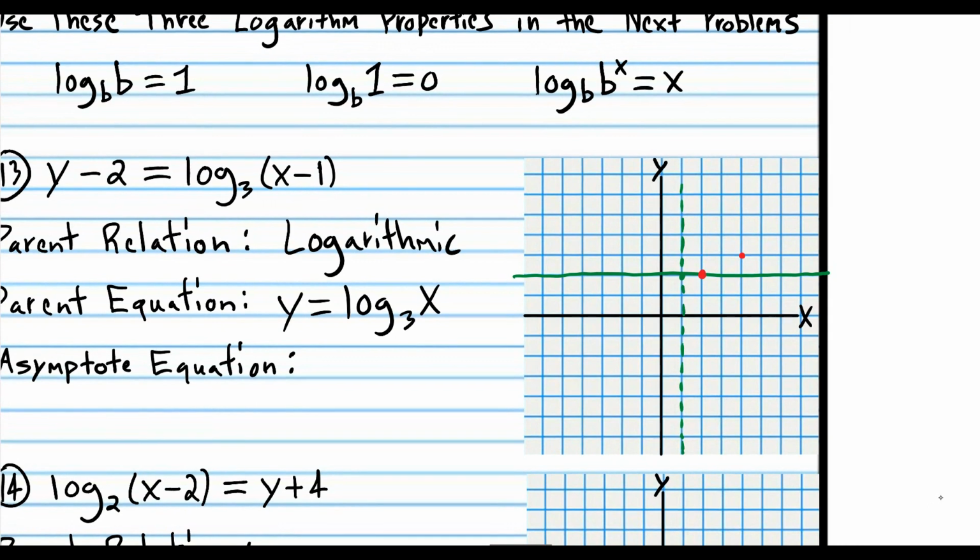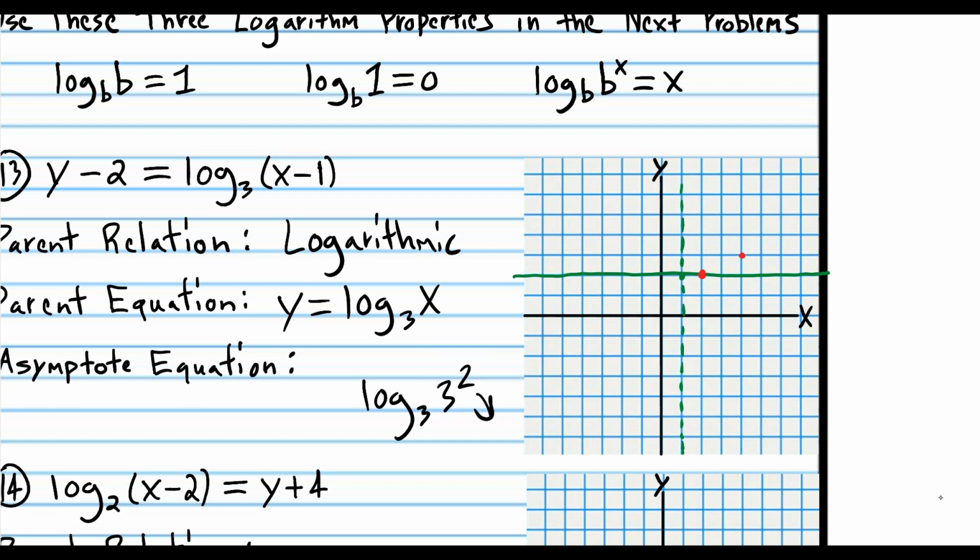Well, whatever number we plug in for x, we have to change that number so it has a base of 3 in order to use this highlighted property up here. If we plug in 4 for x, we can't change that to base 3, or 5 or 6 or 7 or 8. The next number that we can change to base 3 would be 9. Because we can change 9 to 3 to the second power, and then you get 2.